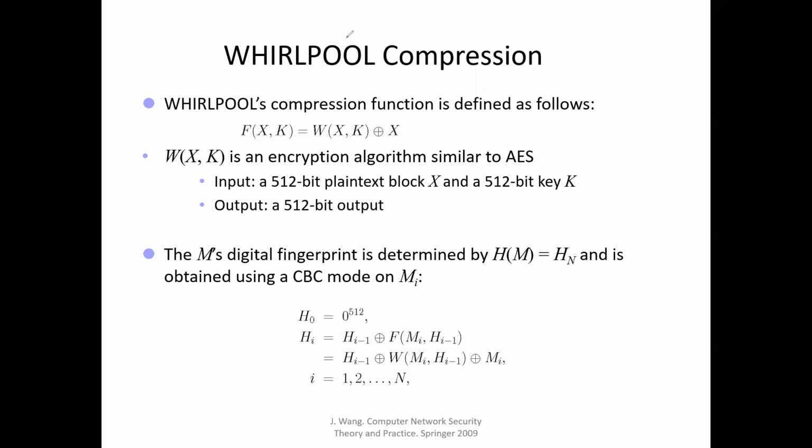So you can think of it: the input is mi, you think of hi minus 1 as your key, and then it generates a ciphertext, and that's your hi. So this is your f.